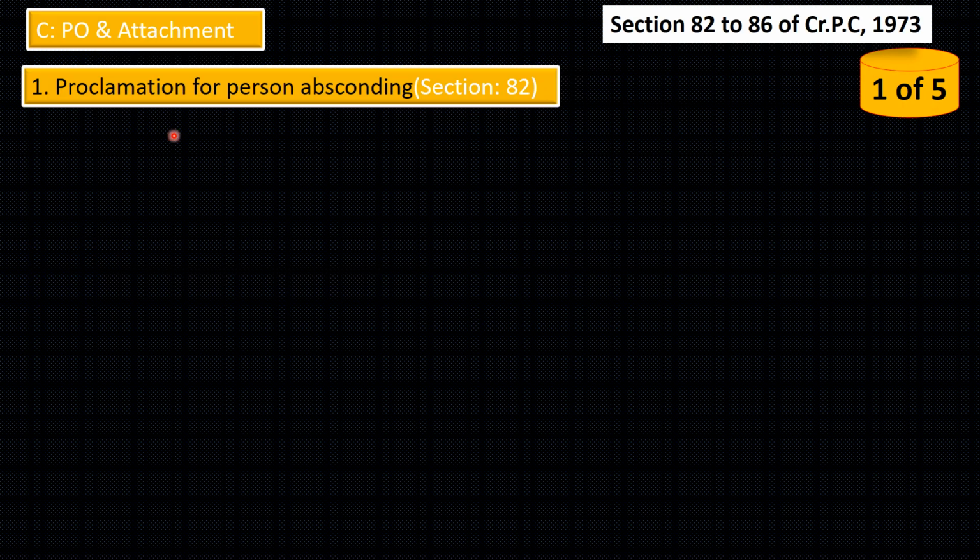First point, proclamation for person absconding as per the provision of section 82.